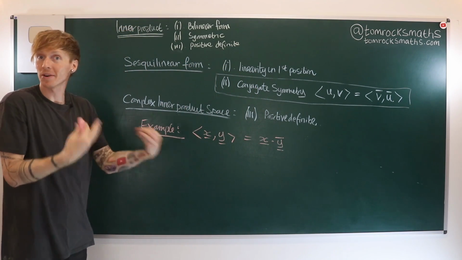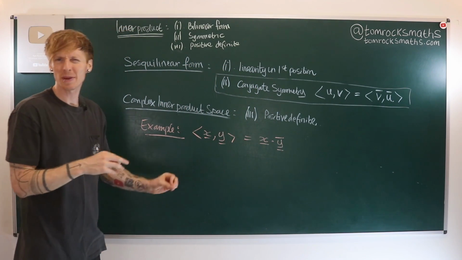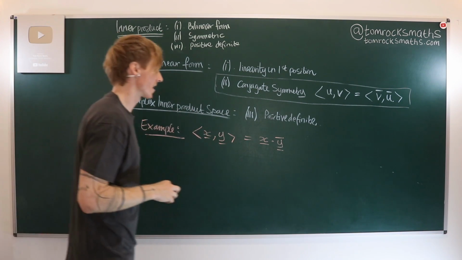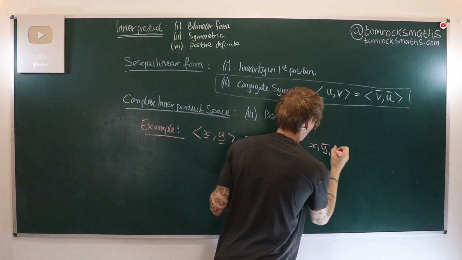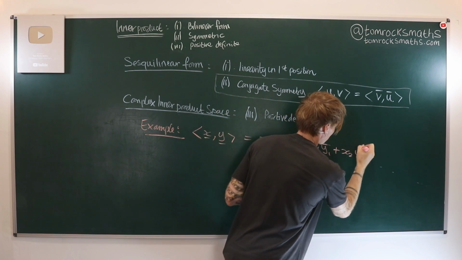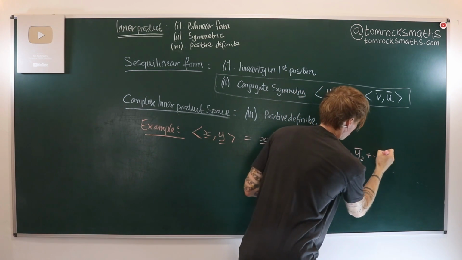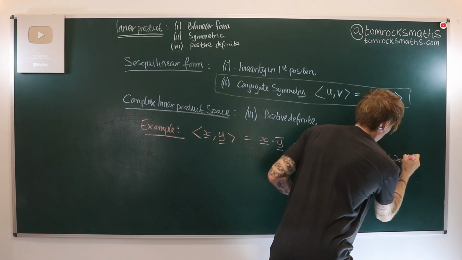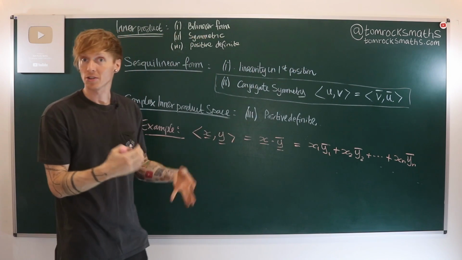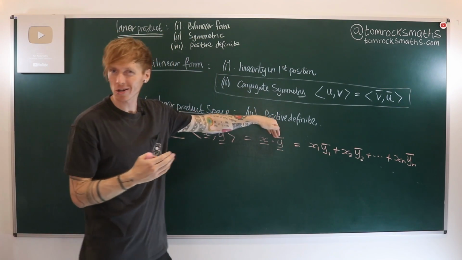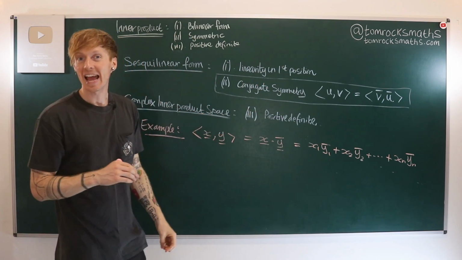So we take the dot product exactly in the same way, but we have to conjugate that second entry. So if we expand this out, this would be x1 times y1 bar plus x2 times y2 bar plus dot dot dot plus xn times yn bar. So very similar to the dot product, we just again put a conjugate on that second entry.